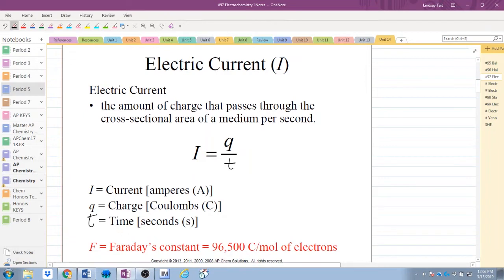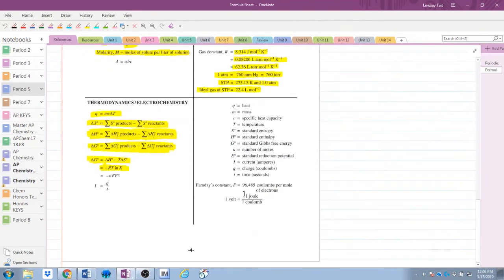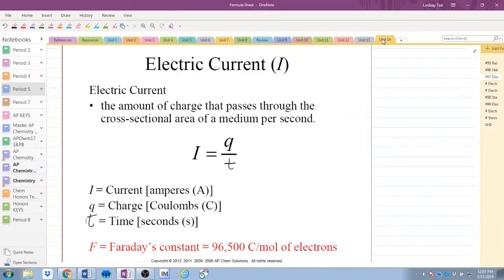A capital T is generally for temperature, so I think that these notes are inappropriate in that sense. Also, this is on your formula sheet, and notice they also use the lowercase t for time, because that is standard. So that's just an issue with that particular slide.